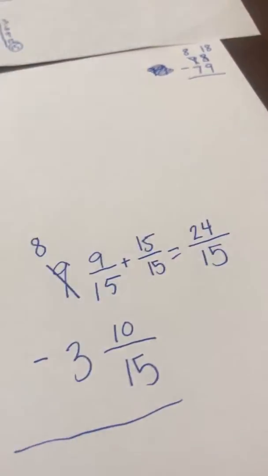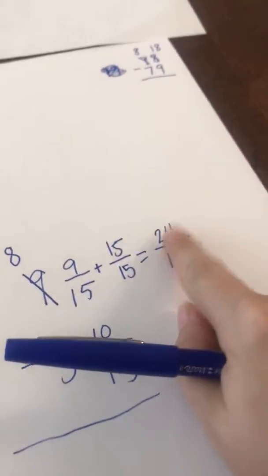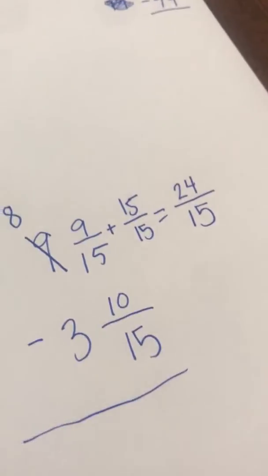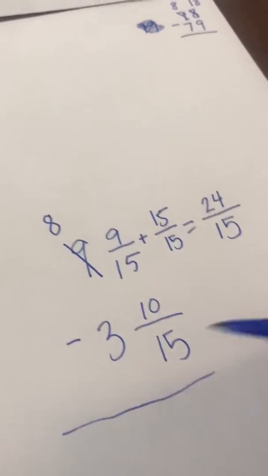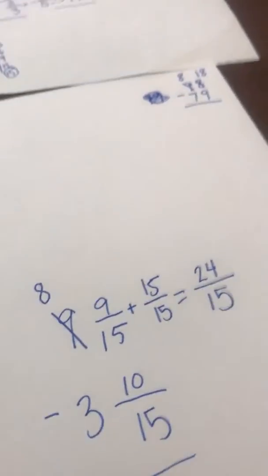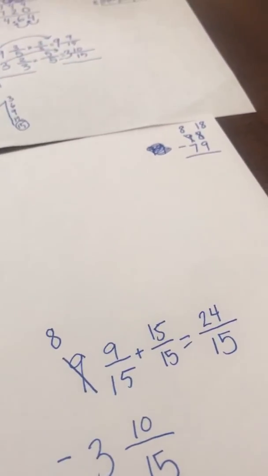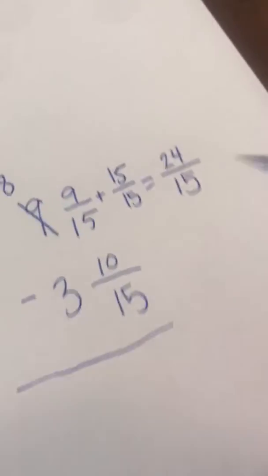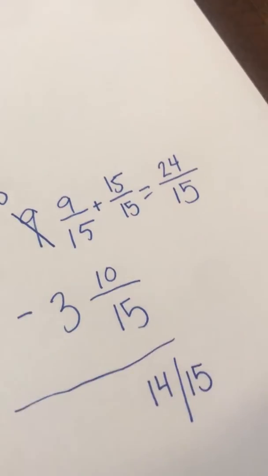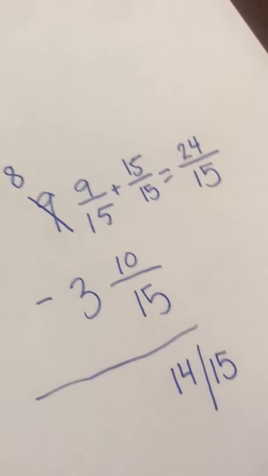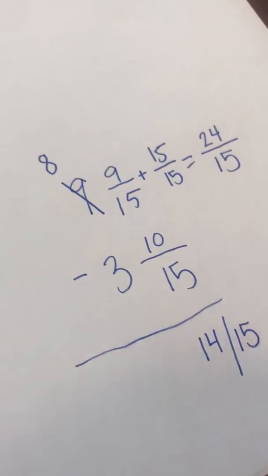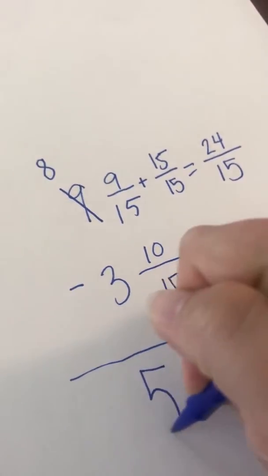And the reason why we're doing this is because we need a fraction big enough to take 10 away. Okay, so now that I've done that, I can take 10 away from 24. So 24 take away 10 is 14 15ths. Okay, denominator stays the same all the way through. And then 8 take away 3 is 5.